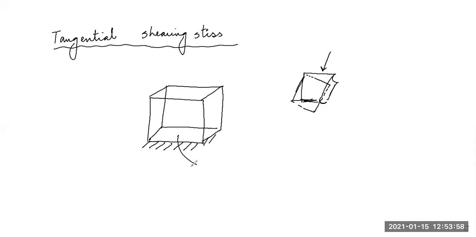This means bottom surface is fixed, or you simply write it down: fixed surface. When the bottom surface is fixed, where do you apply the force? This surface is not going anywhere because this is fixed. You apply force on the top surface, either in this direction or in this direction. Let's say we apply force left to right.